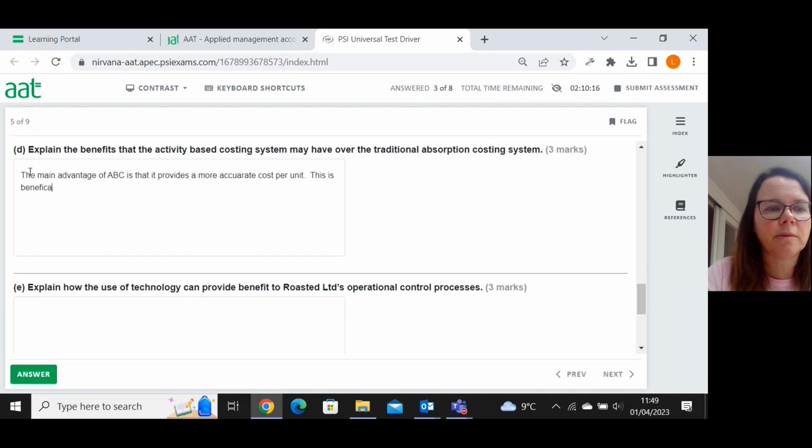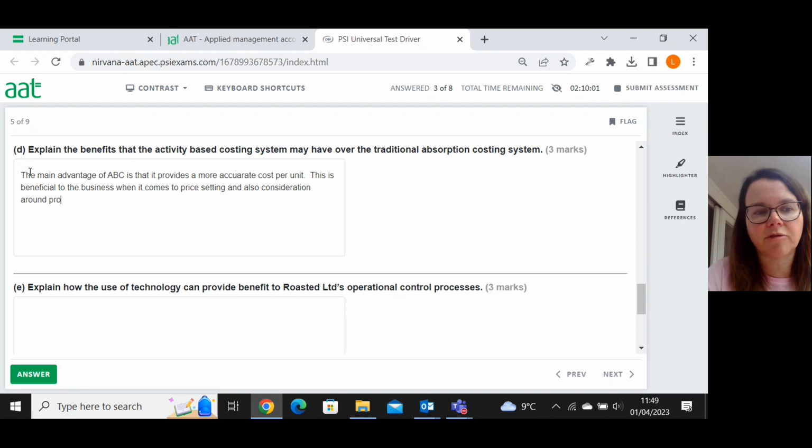This is beneficial to the business when it comes to price setting and also consideration around product mix, i.e. which product to concentrate on, maybe stopping production of another. You could go on and explain that further if you wanted, but I think that's sufficient.